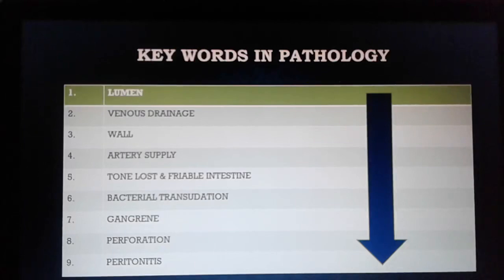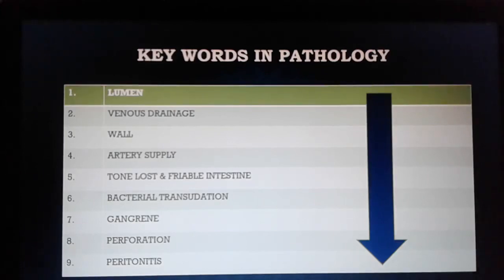Perforation where? Either at the site of constriction where the strangulation is there, or at the antemesenteric border. Antemesenteric border means the border of the small intestine opposite to the attachment of mesentery.